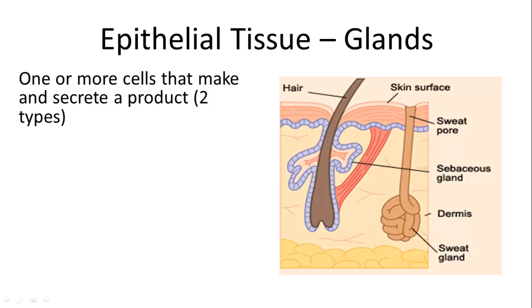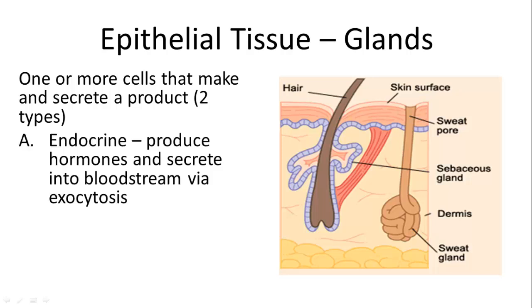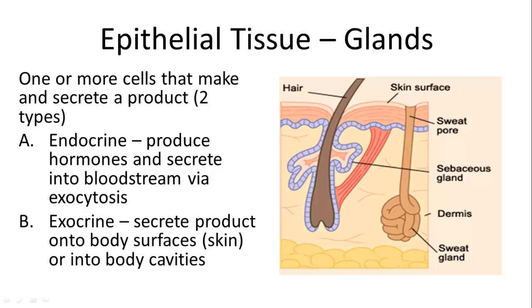Well, there's a lot of different ways to differentiate glands, but one of the ways is whether it produces a hormone released into the secretion that is then part of the bloodstream, which would be an endocrine gland, or exocrine. It secretes a product that goes out to the body's surfaces, like skin, or into body cavities, such as in the intestines or stomach.